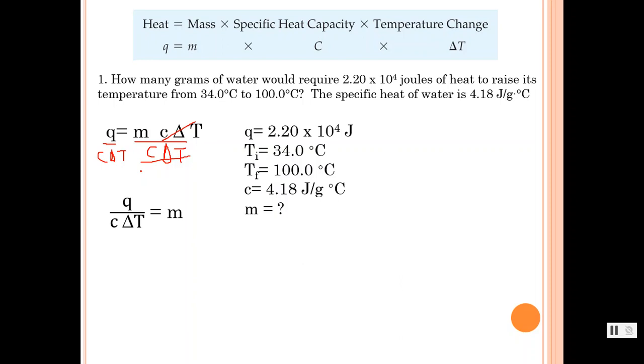So I have now been able to solve my heat equation for mass in a way that I can now plug in the variables that I am given.